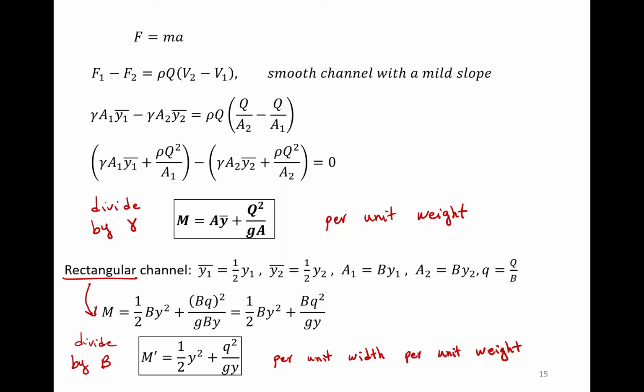Now, one last thing on non-rectangular channels is the idea of a wide channel. I'm going to call it an assumption. So what is that? Many channels that we deal with, especially natural ones, are irregular. So they look like this.